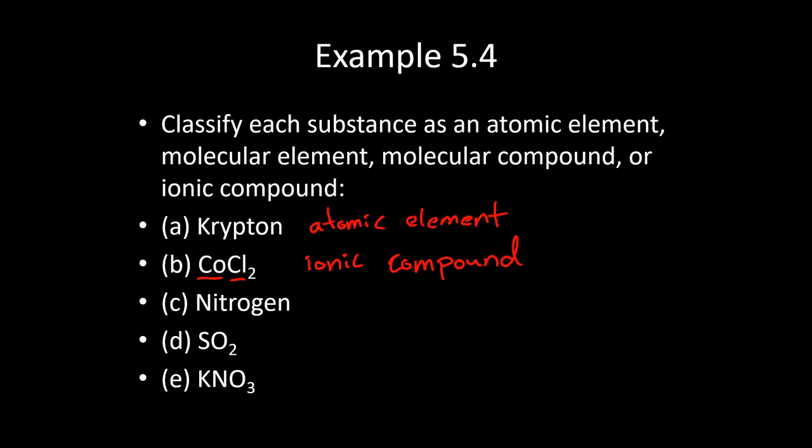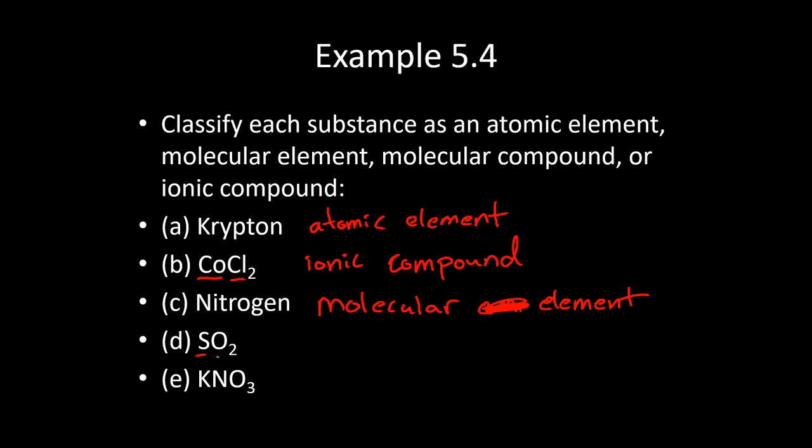Nitrogen is something off of the periodic table, and it is one of the 7 diatomic elements. And so this is a molecular element. It would be helpful if I spelled it correctly. Element. SO2, otherwise known as sulfur dioxide.